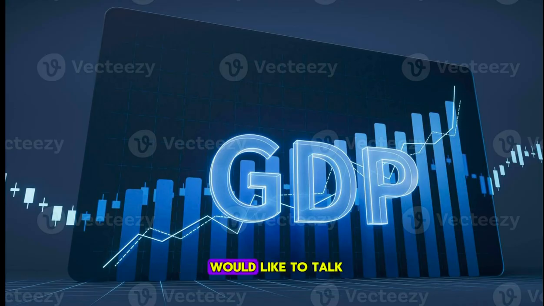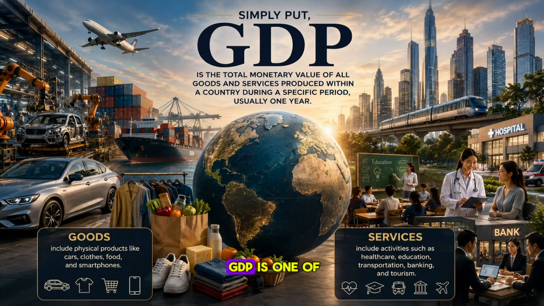Alright, and now I would like to talk about GDP, which stands for Gross Domestic Product. GDP is one of the most important concepts in economics because it helps us understand how strong and productive a country's economy is.